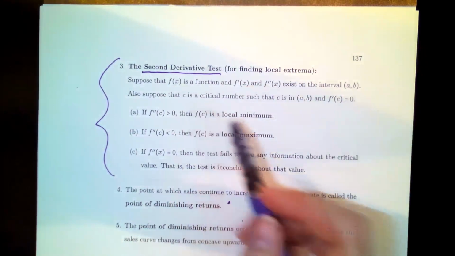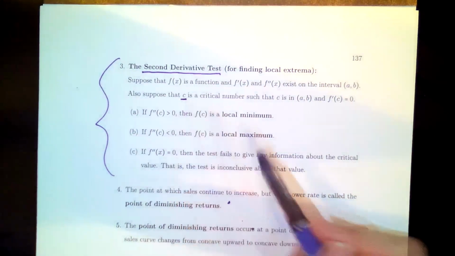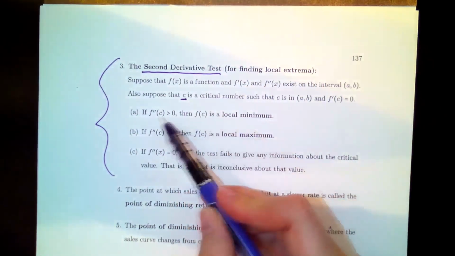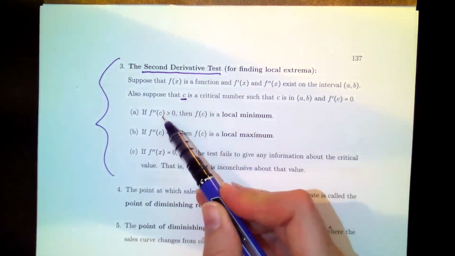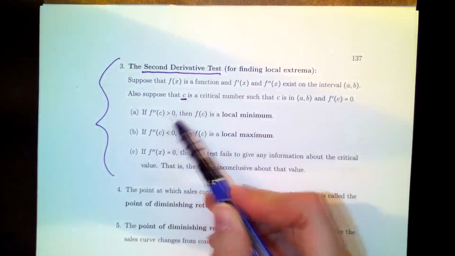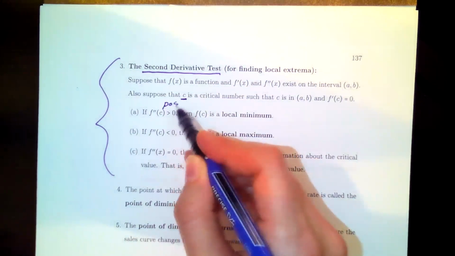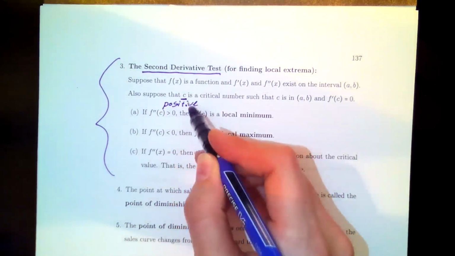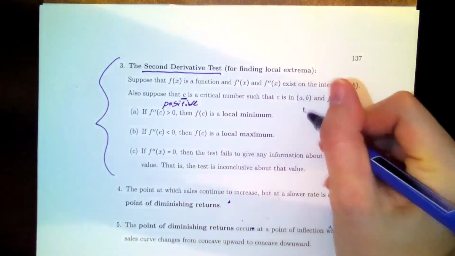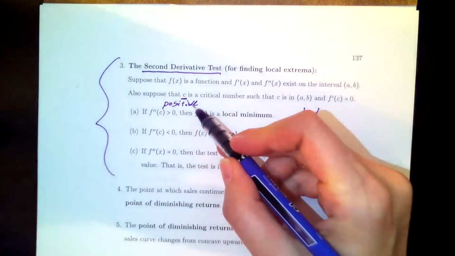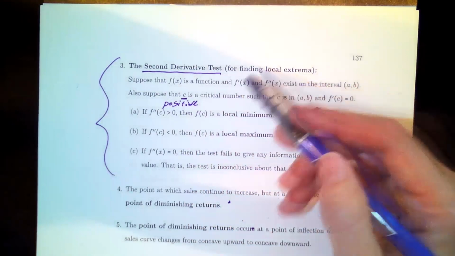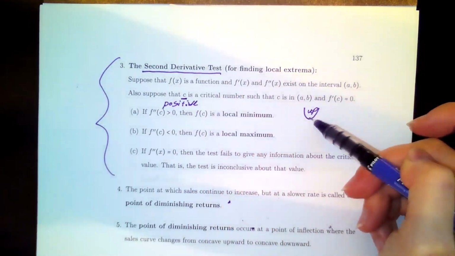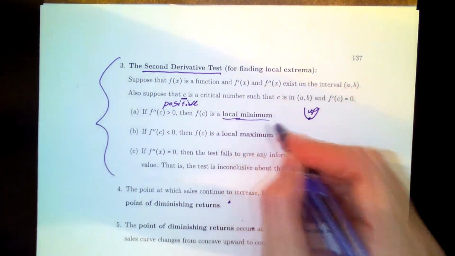And let's say that you have your critical numbers. Then if you take that critical number and plug it into the second derivative, if you get a positive result, then it must be that my graph is concave up. A positive value for the second derivative means concave upness, and therefore that critical number must correspond to a local minimum.